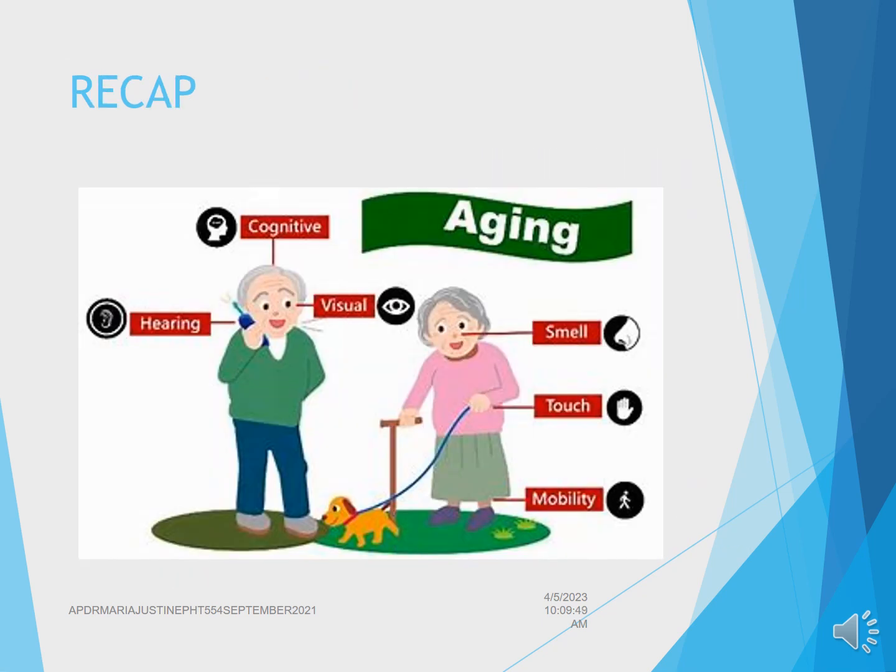Okay, so if you recap, aging changes will occur to most of the systems in the body, but not all. There are some functions of the physiological system that remain the same as in young people.